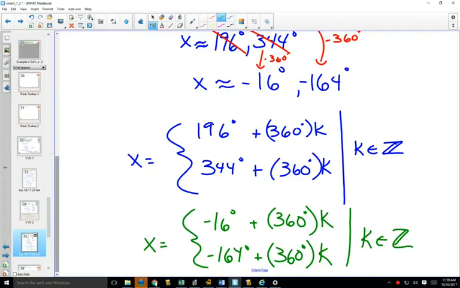No. Sometimes if you read the textbook examples, they just use whatever final answers they got and did coterminal. But since negative 16 is coterminal with 344, those are the same. And since negative 164 is coterminal with 196, those are the same.